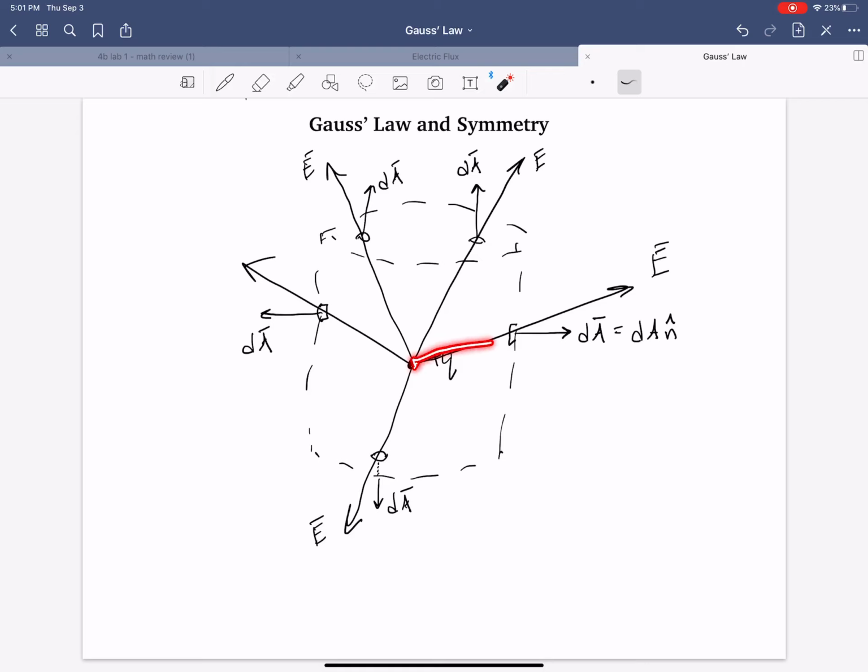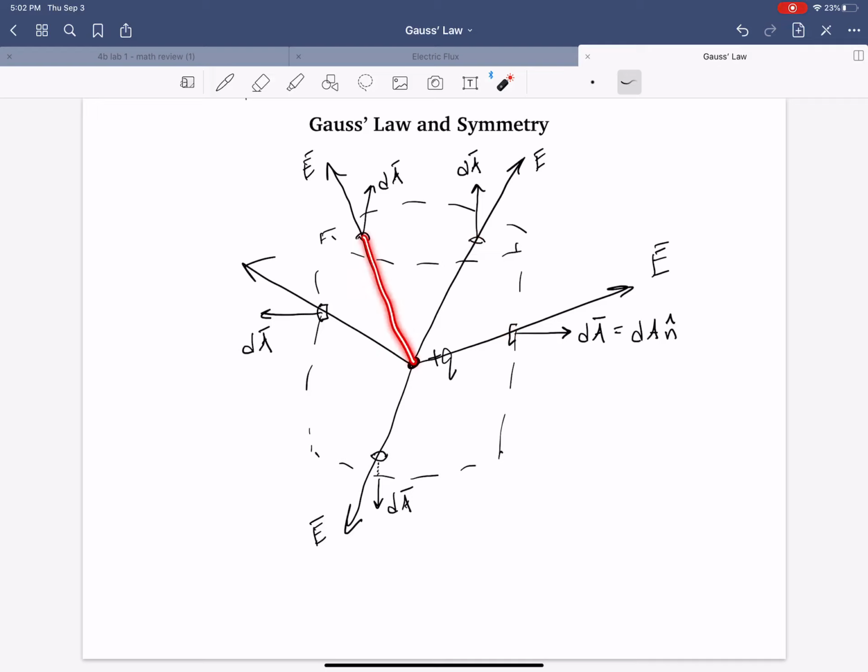So for this one, that distance is that far, in other words, R. The electric field has some magnitude at this point that's dependent upon the charge, yes, and the distance to that location. Comparing that value to the electric field right here, that's a little bit further away. The charge is still the same, so thus the electric field magnitude at this point will be slightly less than over here.